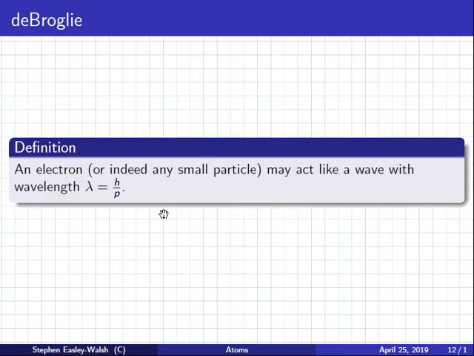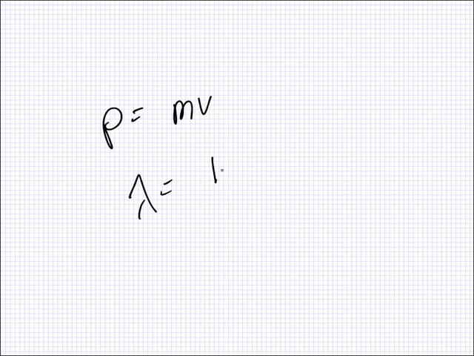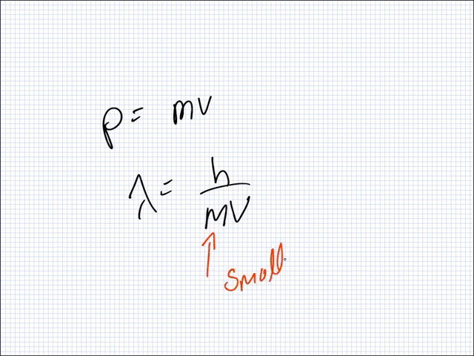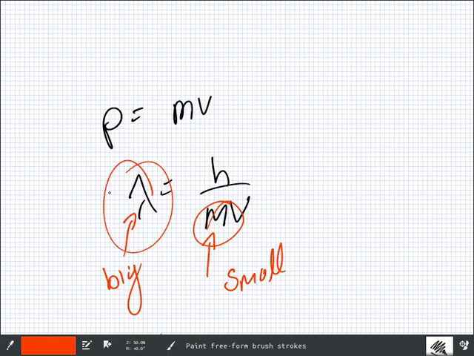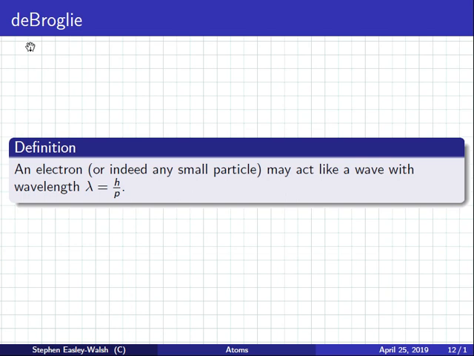So lambda equals h over mv. If the m is very small, then the wavelength is very big. This is why they used electrons in the experiment, because electrons have the smallest mass, so it makes the biggest wave. This is called de Broglie's formula.